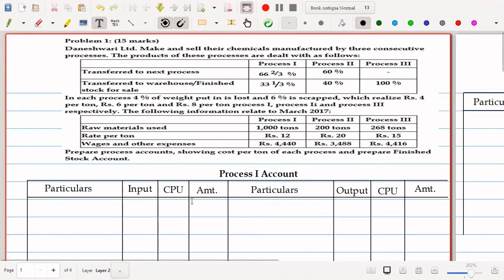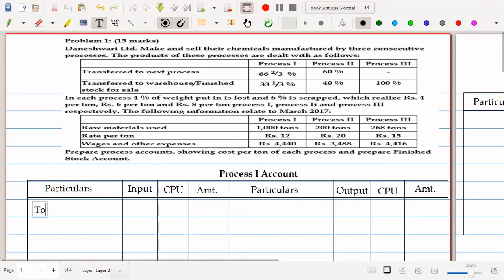Particulars, input, CPU, amount; particulars, output, CPU, amount. So what was the input in process 1? Raw material used in process 1 was 1000 tons. Rate per ton is rupees 12. So this is to be entered here in this column.